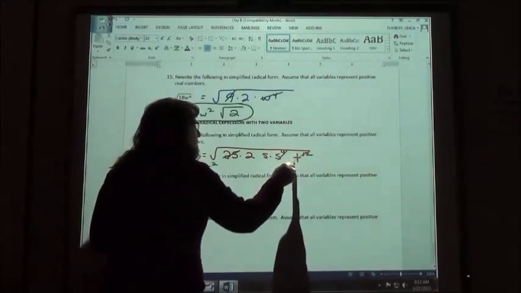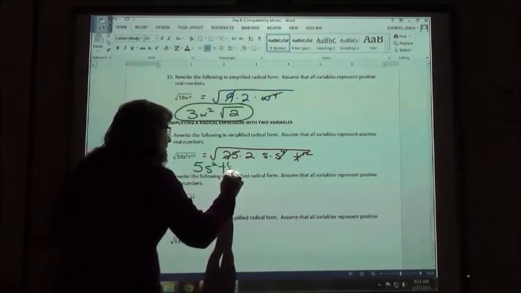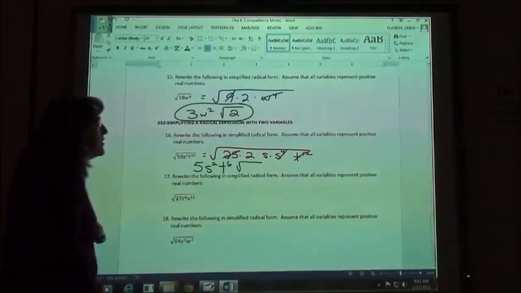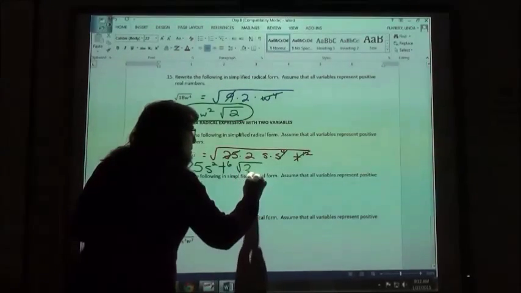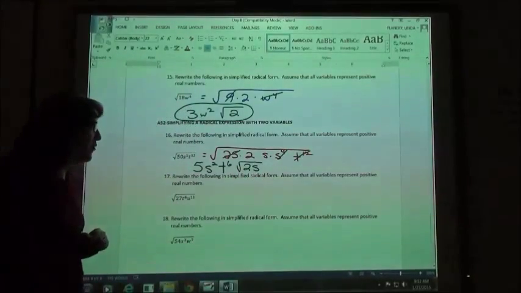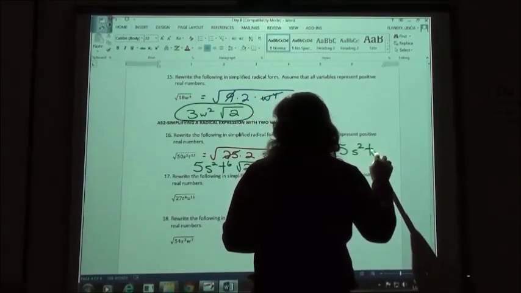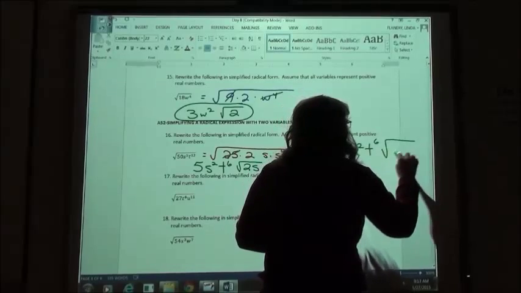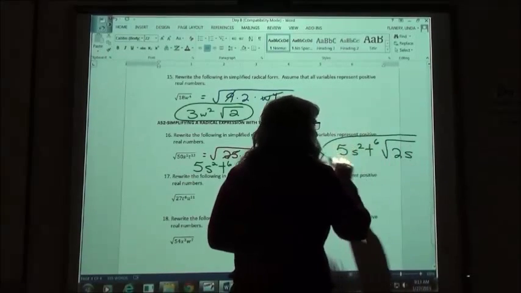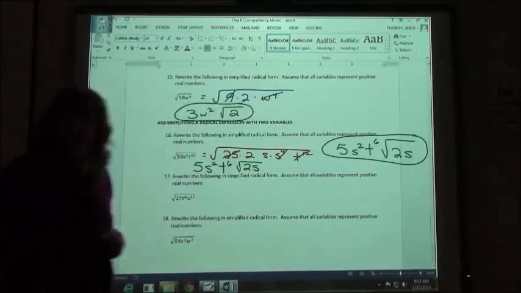The t to the 12th would be t to the 6th. So underneath my radical sign, underneath that square root, I'm going to have a 2 and an s left over. So 5s squared t to the 6th square root of 2s is what your answer is going to be.